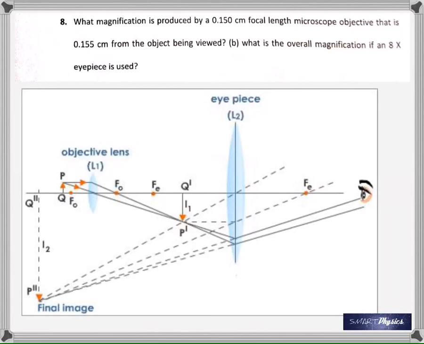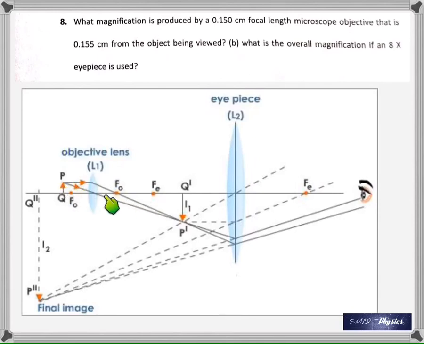Okay, take a look at this. There are two lenses again. One is the objective, the other is the eyepiece. And the object is kept just outside the focal point of the objective. PQ is the object. And you can see it's kept just outside the focal point of the objective. And then you can find how its image is produced. A parallel ray goes through the focal point.